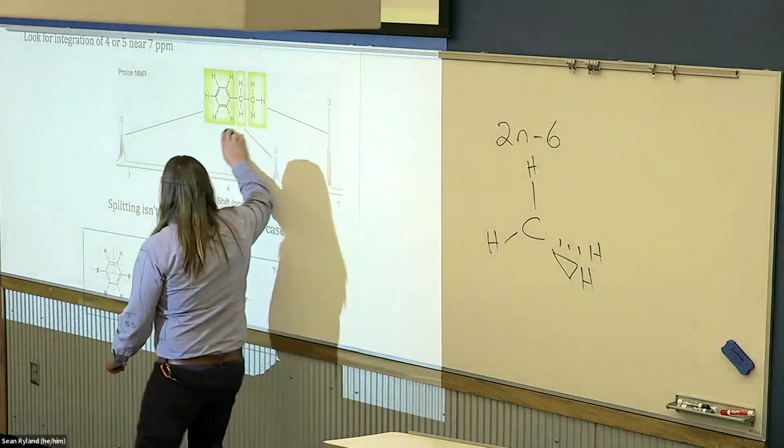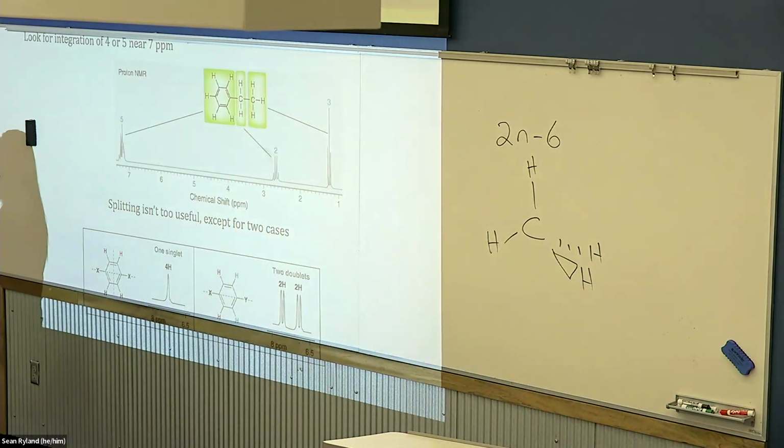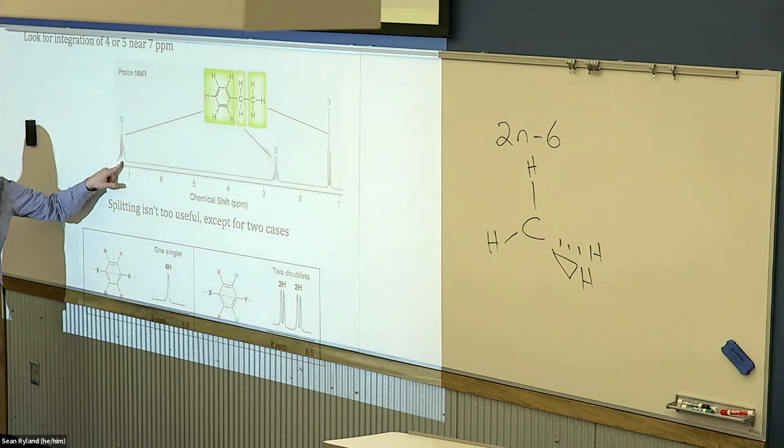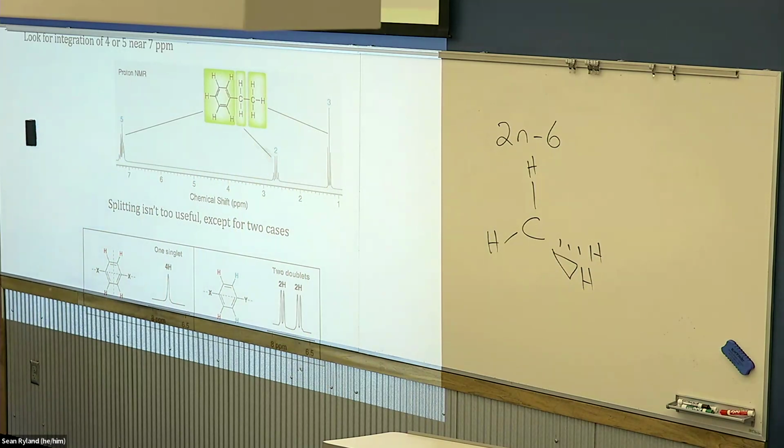All right, and then as we mentioned before, as we've seen in lots of cases, protons in NMR, and even carbons in NMR, are really easy to spot for those heteroatoms, and they show up in a really distinct area. Splitting, we don't see a whole lot of useful splitting, except in 2 cases.